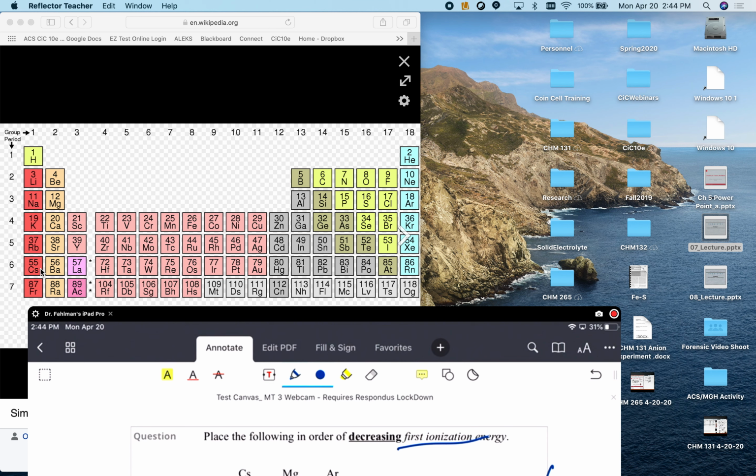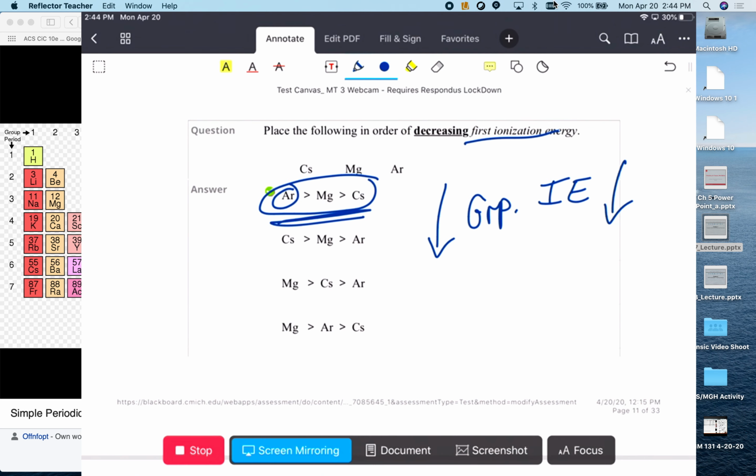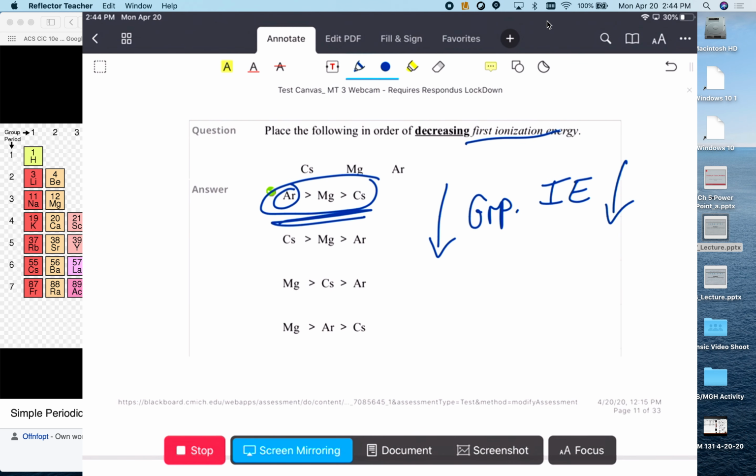Cesium's down here, and magnesium is up here. That's why cesium is the least, and magnesium is more than that, but it's still less than the noble gas. So this order here.